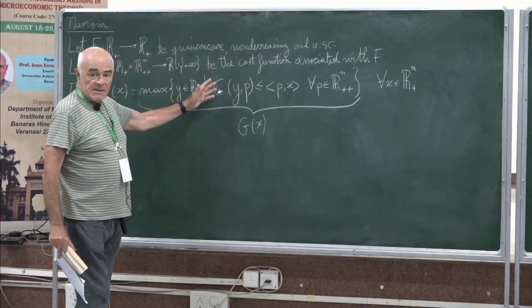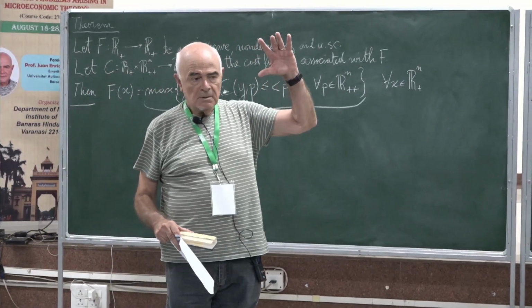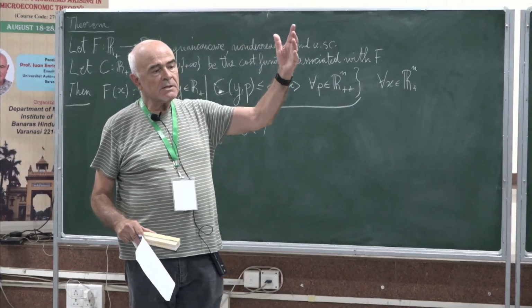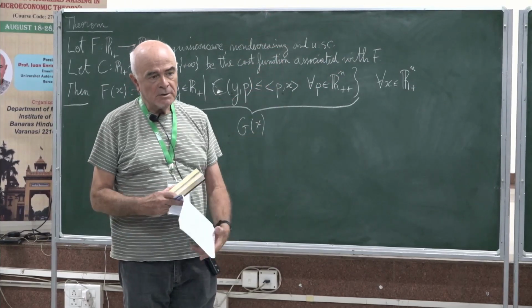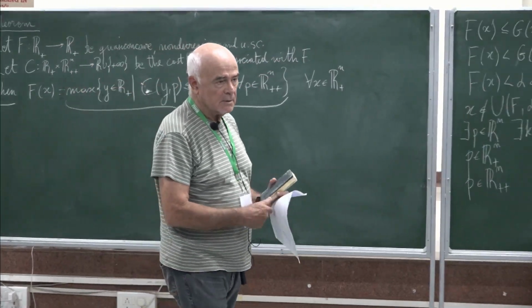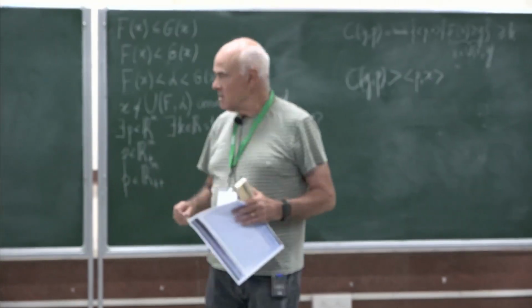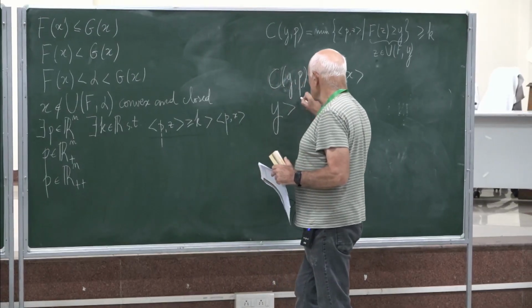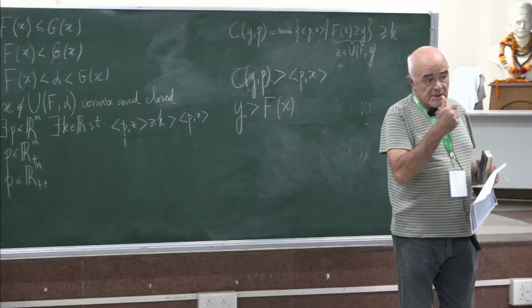And we know that this set we discussed yesterday is a closed interval, 0 to f of x. So this means that this y is strictly larger than the endpoint of the interval, which is f of x. And this is the end of the proof.